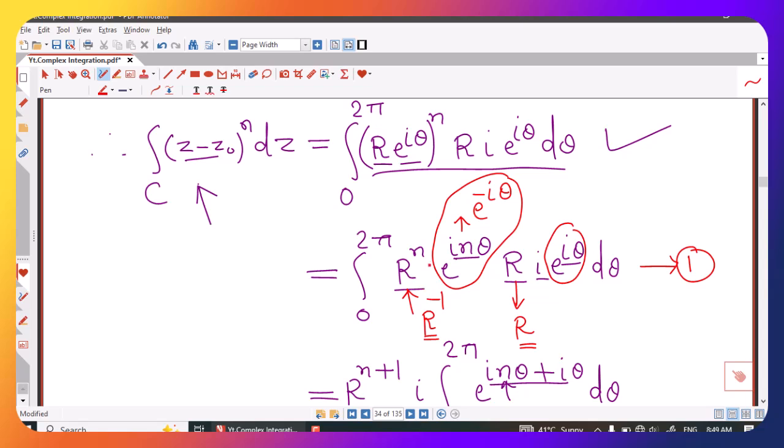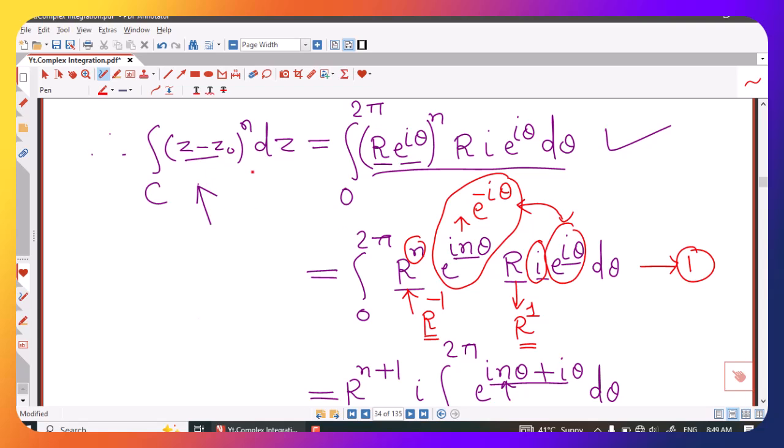So you can see for n equal to minus 1, this is r raised to minus 1, this is r raised to 1. So if we combine these two, I will have r raised to 0. Similarly, here also e raised to i theta minus i theta, that is e raised to 0, which is 1. So we are left with i only, i into d theta, and we can integrate it with respect to theta.